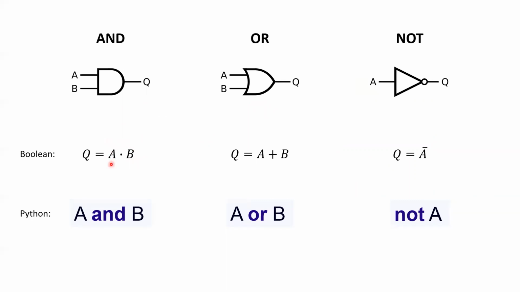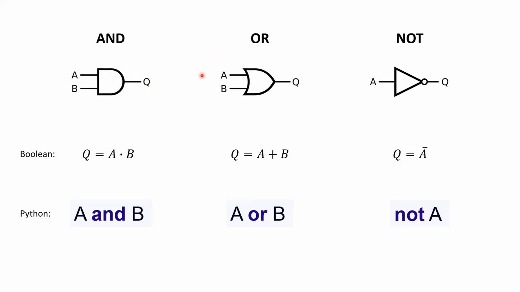In this case, we have A and B, and the logic gate for that is this symbol here. If we send in a 1 and a 0 to this, we'll get a 0 in Q. Or if we send 2 1s, then we'll get a 1.